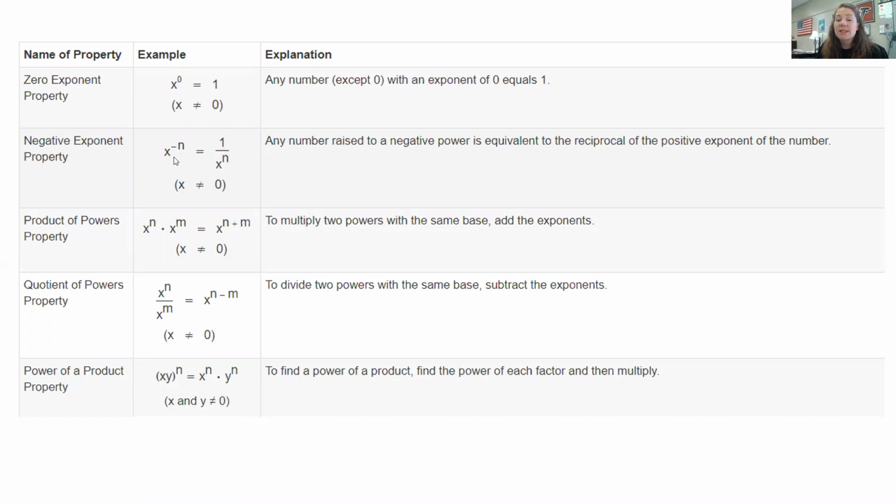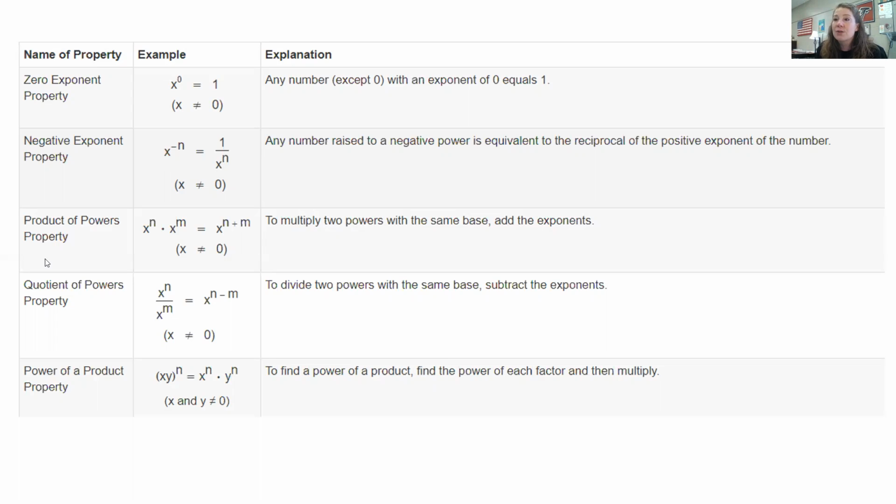Negative exponents basically make you turn whatever is raised to the negative exponent, whether it's in the numerator or denominator, in order to make that exponent positive, you're going to flip over the line. So if it's in the denominator, then to make that exponent positive, you flip it up to the numerator, and vice versa. If you have a negative exponent in a numerator, to make it a positive exponent, you flip it down to the denominator, just like this example right here.